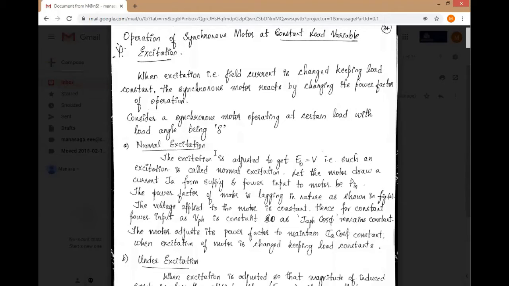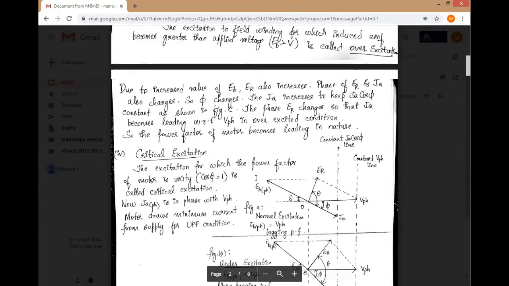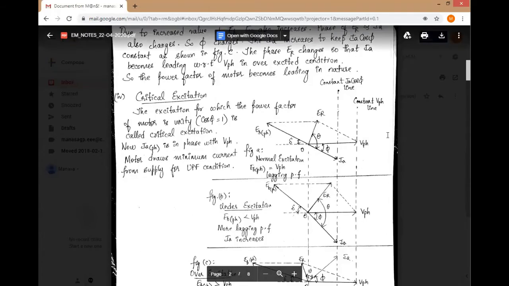Under this normal excitation, let us consider the motor draws the current IA from the supply, and the power taken from the supply be P in. Now the power factor at which the motor is rotating under normal excitation will be lagging in nature. That is the basic phasor diagram of the synchronous motor, which we had discussed in the previous session.